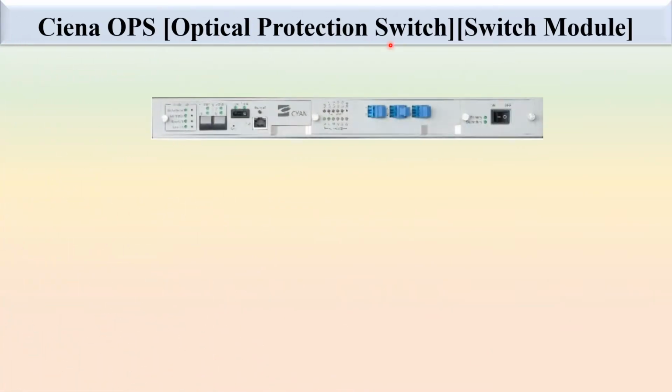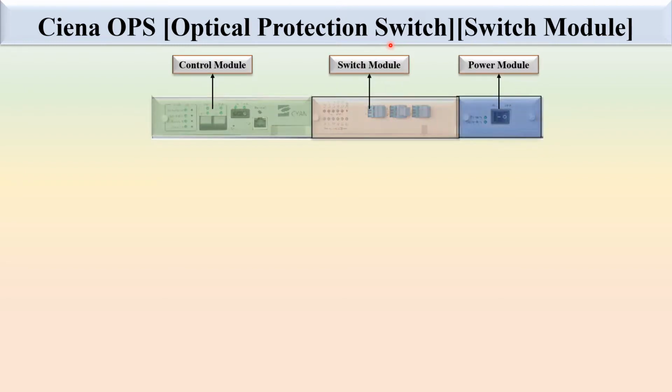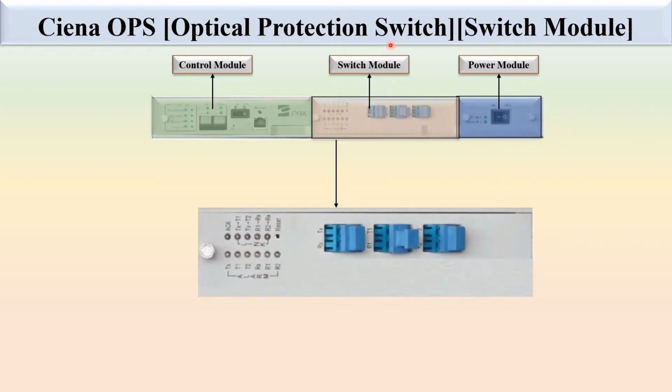So this is the Ciena OPS optical protection switch module. These are the 3 modules, and you can see here this is the switch module. In the switch module there are 6 ports: TXRX, T1R1 and T2R2. This TXRX is connected to the line port or card or transponder module which we need to protect.